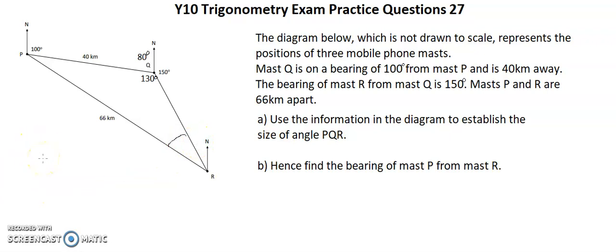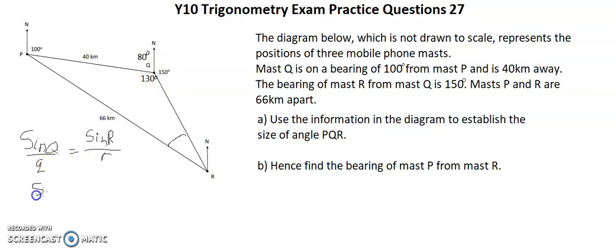use the sine rule. So I'm just going to write my sine Q over Q is equal to sine R over R. So I know my Q angle is 130.